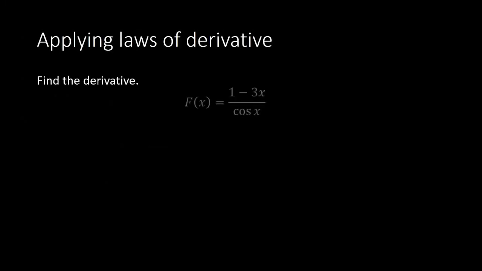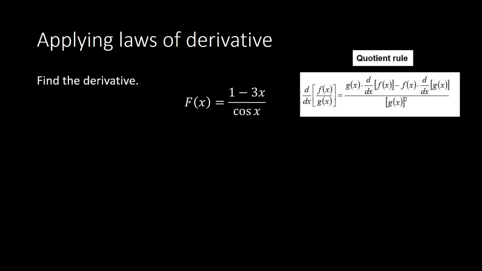How about for the quotient? What is the derivative of f of x if f of x is equal to 1 minus 3x divided by cosine of x? We will apply the quotient rule here: low d high minus high d low divided by the square of low.